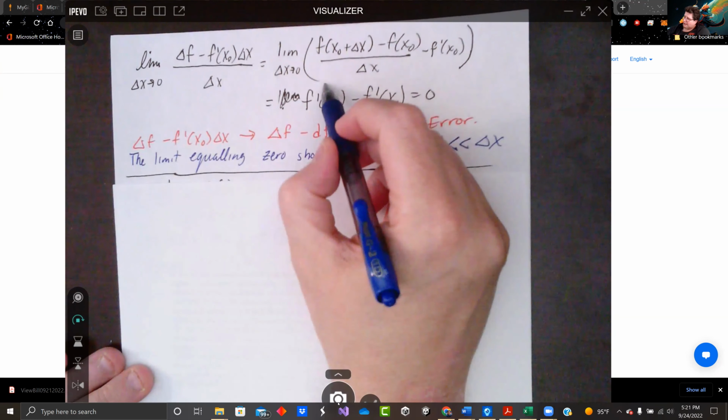Now let's just look at an example. We've got y equals f of x, which is 3x squared. So let's look at dy and delta y. dy is 6x dx. Delta y is 3 times the quantity x plus delta x squared minus 3x squared. Remember, it's f of x naught plus delta x minus f of x naught.